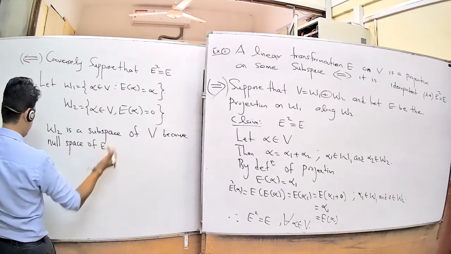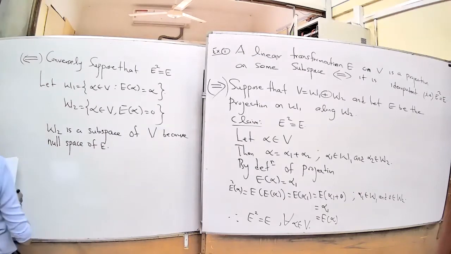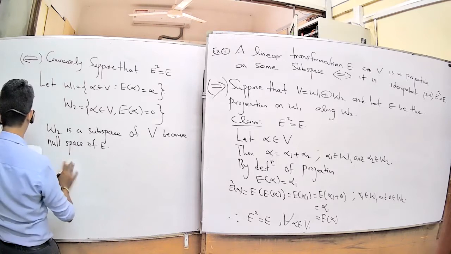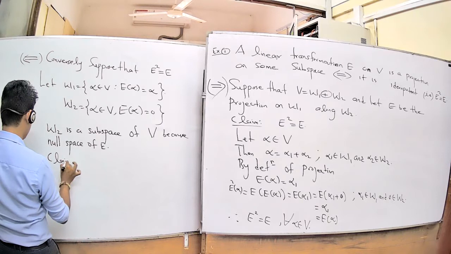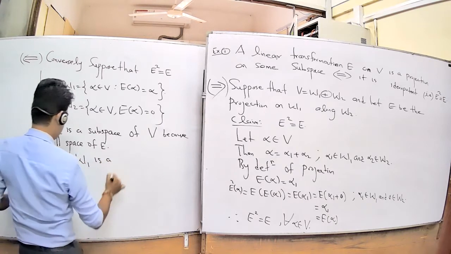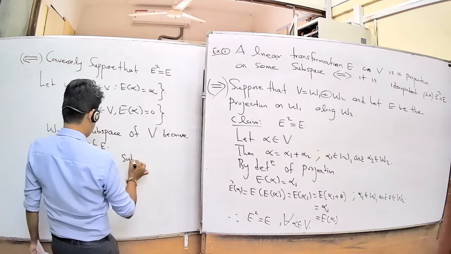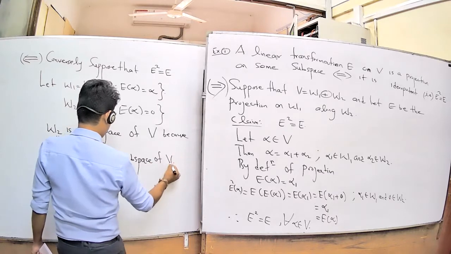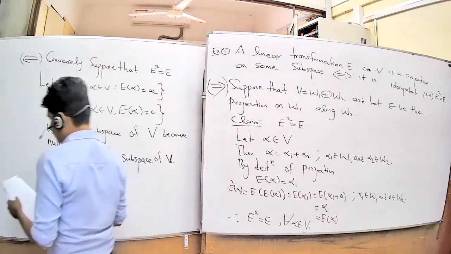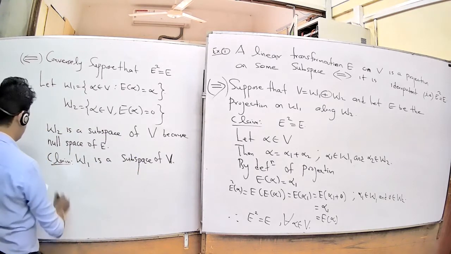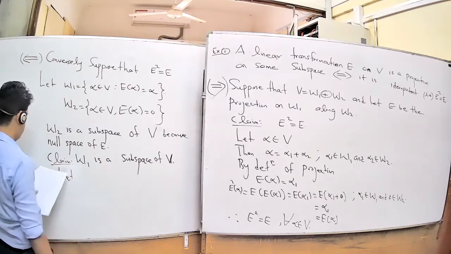Now you want to show that W1 is also a subspace of B. How can you show it?